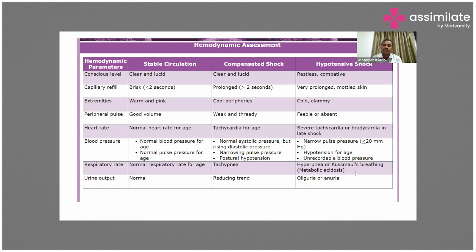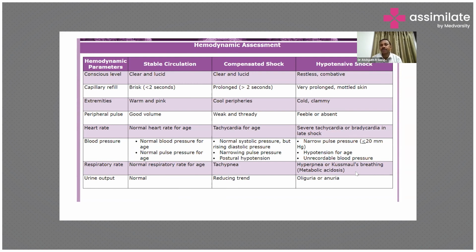The systolic pressure can be normal, but the diastolic pressure will be increasing, narrowing the pulse pressure. And if the patient happens to stand from supine or sitting position, you may expect postural hypotension and syncope. Also, there is overworking of the respiratory system with tachypnea.